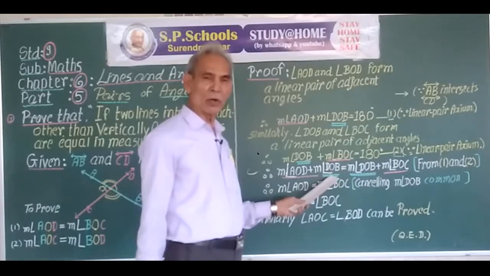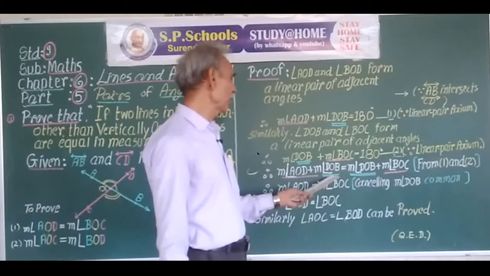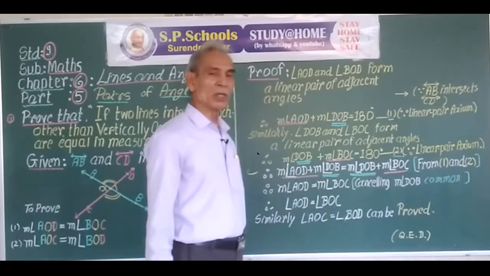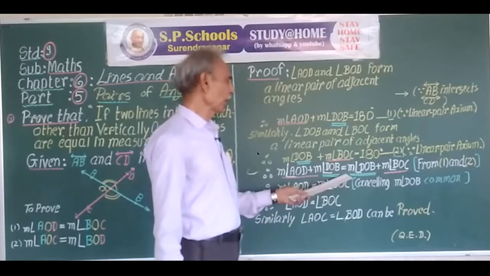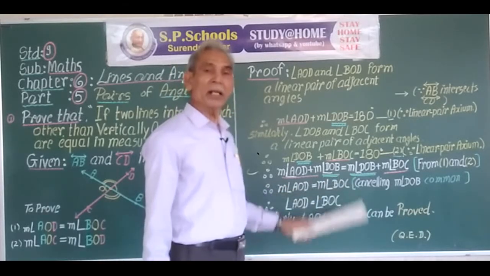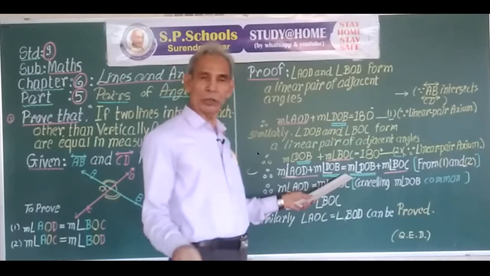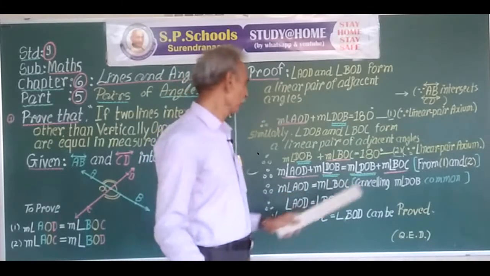Whatever the value of measure angle DOB is, it is the same on both sides. So, for any equation, we can subtract equal quantities from both sides. The equality remains the same.